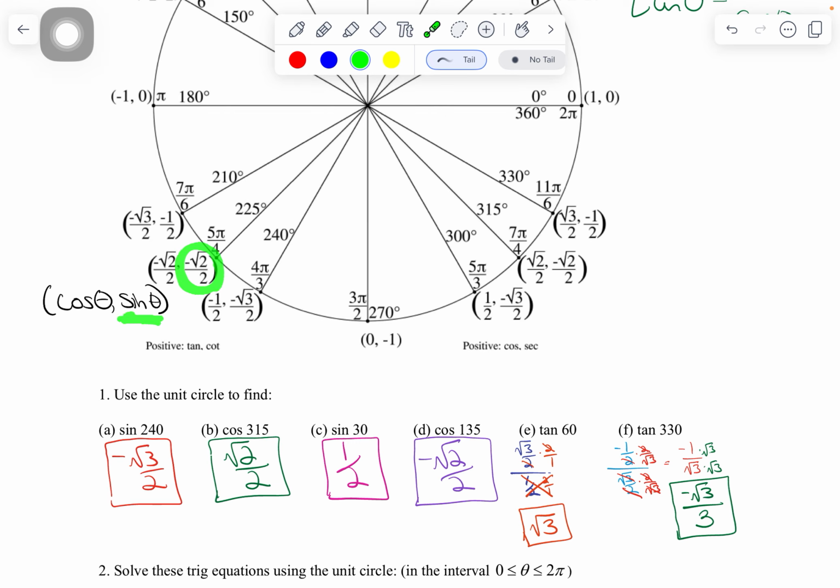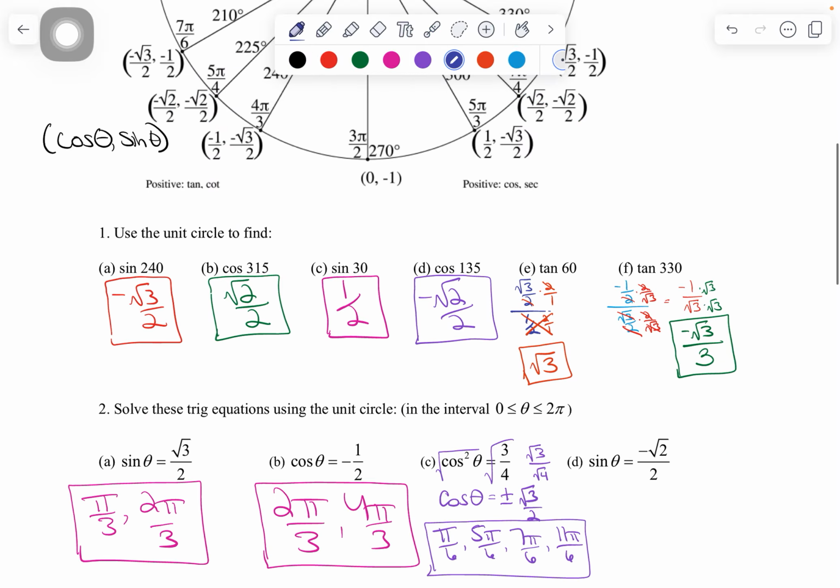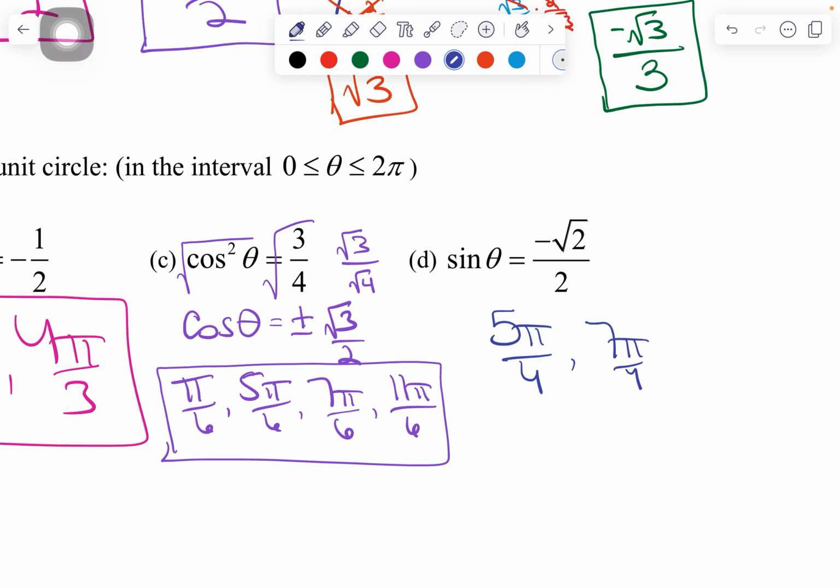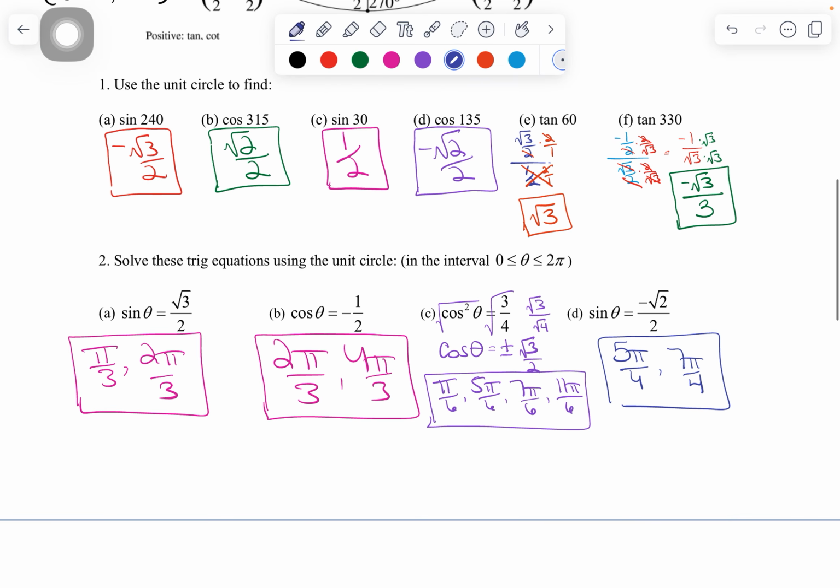Sine are your y values, and that's at 5 pi over 4. And I have another one right here. Again, that's the y value for sine, and that's at 7 pi over 4. So 5 pi over 4 and 7 pi over 4.